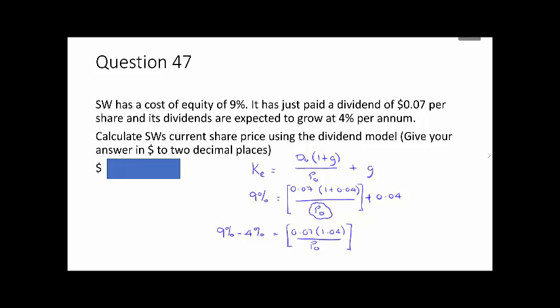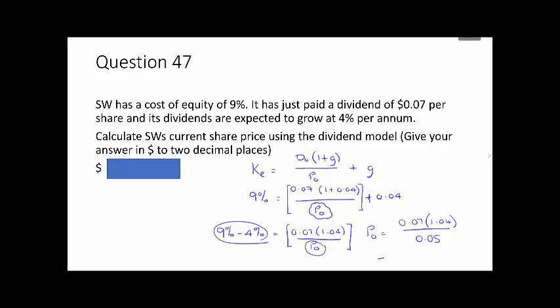We could then multiply through by this figure here and then divide through by this figure here, so that ultimately when we rearrange this formula, what we end up with is the figure we're looking for is the equivalent of 0.07 times 1.04 divided, in this case, by 0.05, the 5% difference between the cost of equity and our growth.